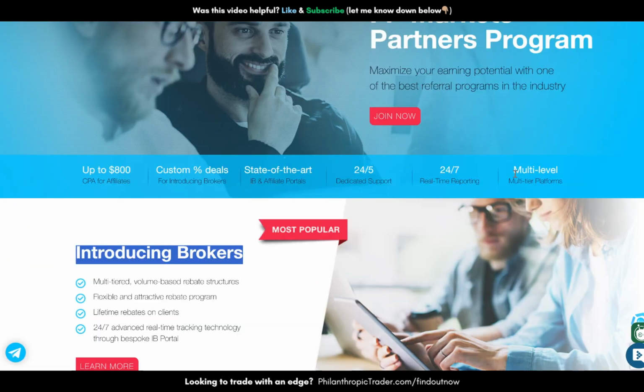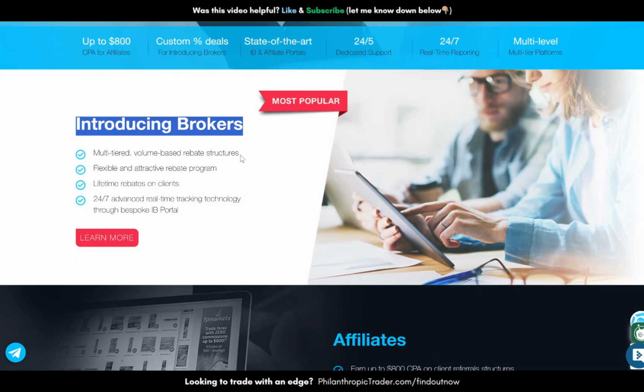They also have multi-level, which means that if you refer someone and that person also referred someone else, you will also get a percentage of the commission of the people that your partner signed up, right? So that's the multi-level structure.